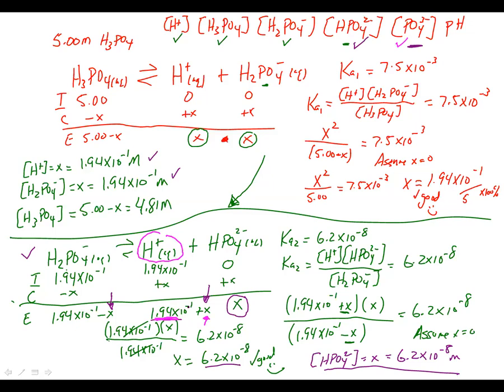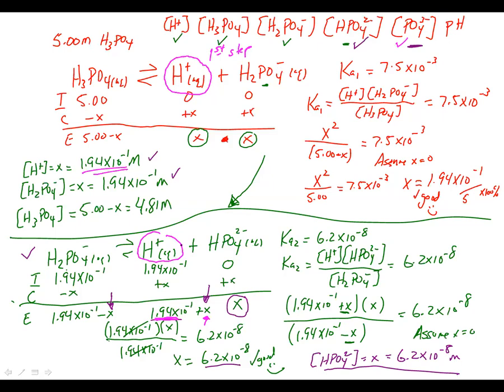Which means essentially what happens typically with most polyprotic acids, the only place where the H plus concentration changed the most was here at the first step, which was also the exact same concentration through step 2 and step 3. That is because it is much harder to remove that H plus after you remove the first one. And then it gets even harder, as you can see in this example, to remove that third H plus.